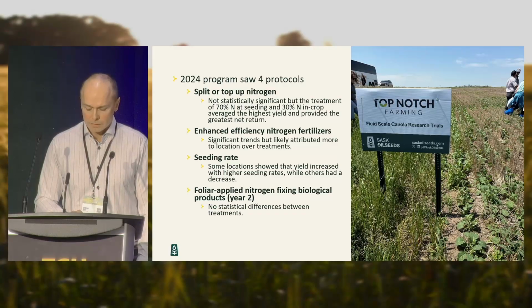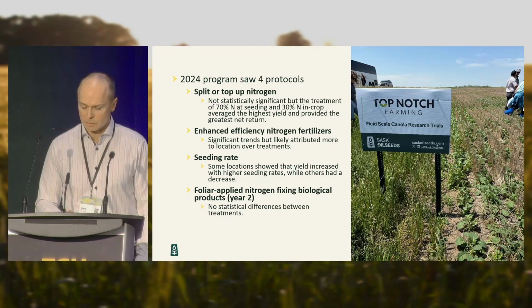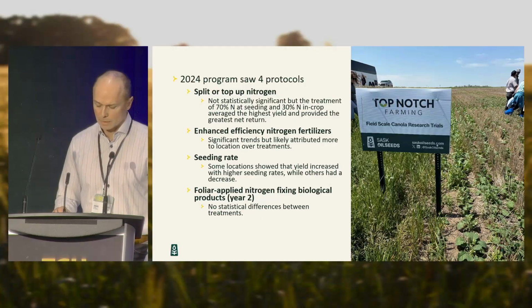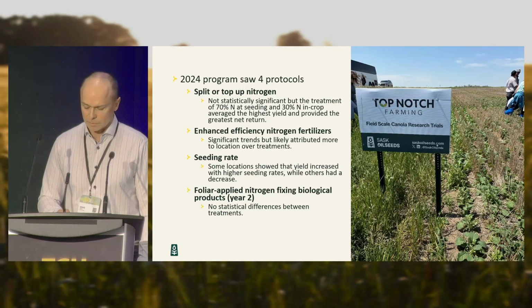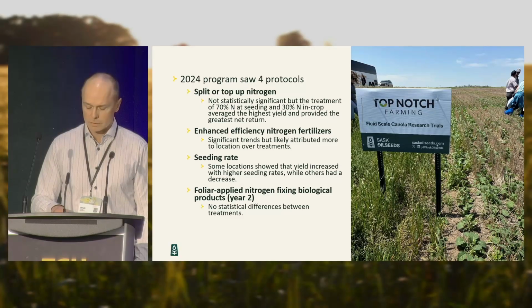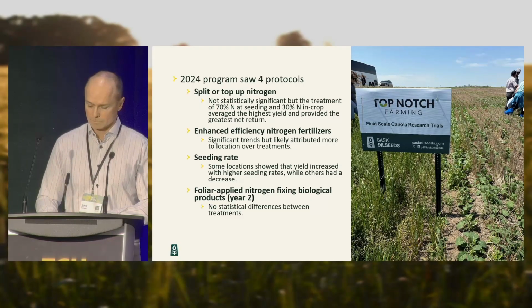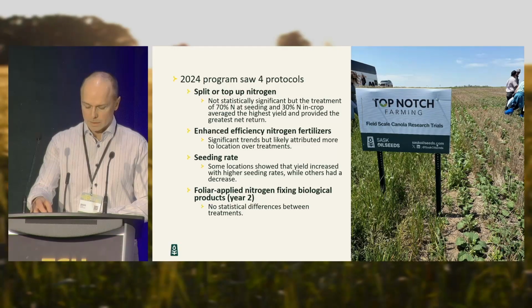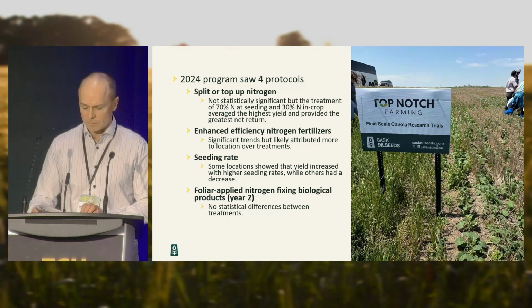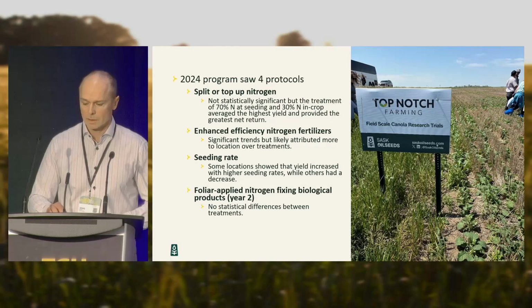For the enhanced efficiency nitrogen fertilizer trials, 3 different sites used different fertilizer products, and one of the sites used different treatments. So we are able to work with each cooperator to customize the protocol so that it works on their farm. Yield differences were observed between the sites that used different treatments.